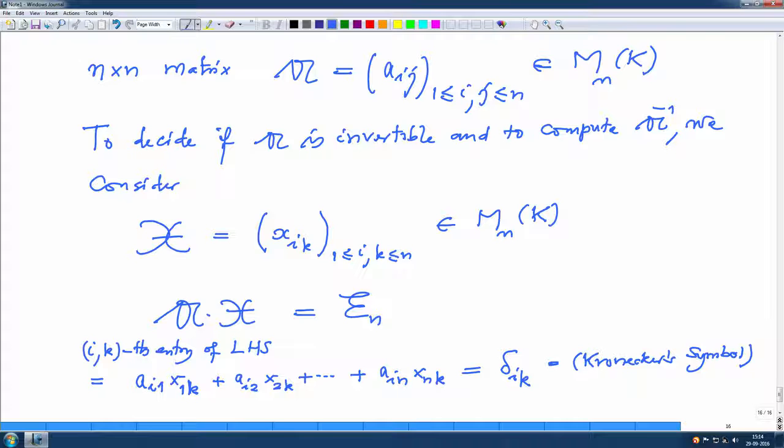So, it is a linear equation. In how many variables? In these variables x_1k, x_2k, x_nk.